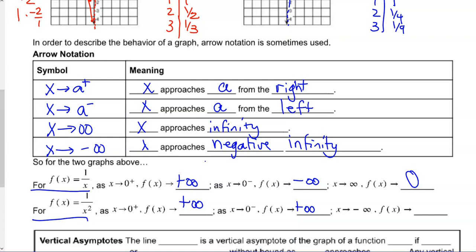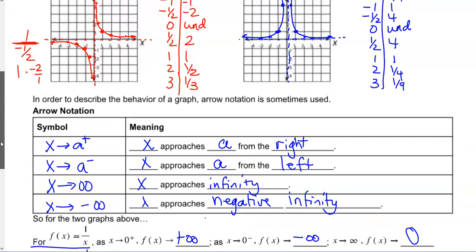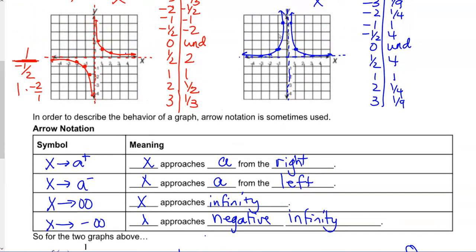And the last question here would be, what happens as I travel to negative infinity? What happens to that function value? We're going to go out as far as we can go on the x value. Well, again, it's never going to cross this horizontal asymptote, but I'm going to get very, very close to 0.